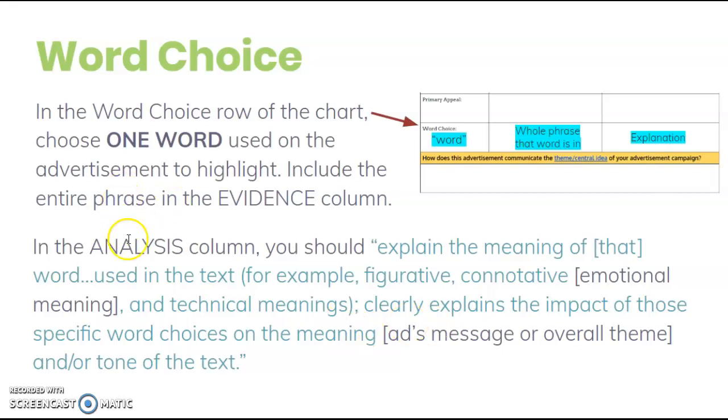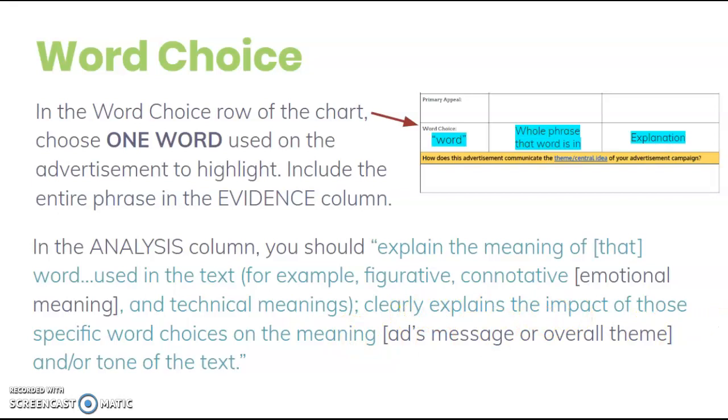So at the bottom here in the analysis column, you're going to explain the meaning of that word, the word that you chose. For example, the figurative meaning of that word, the connotative meaning, which is like the emotional meaning, right? How does it feel? Or the technical meaning, like literally, what does that mean? And you're going to clearly explain the impact of that word on the meaning.